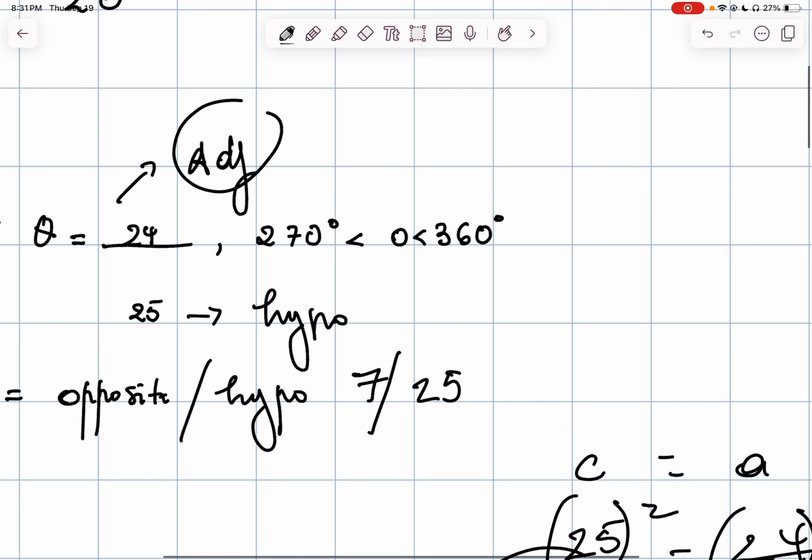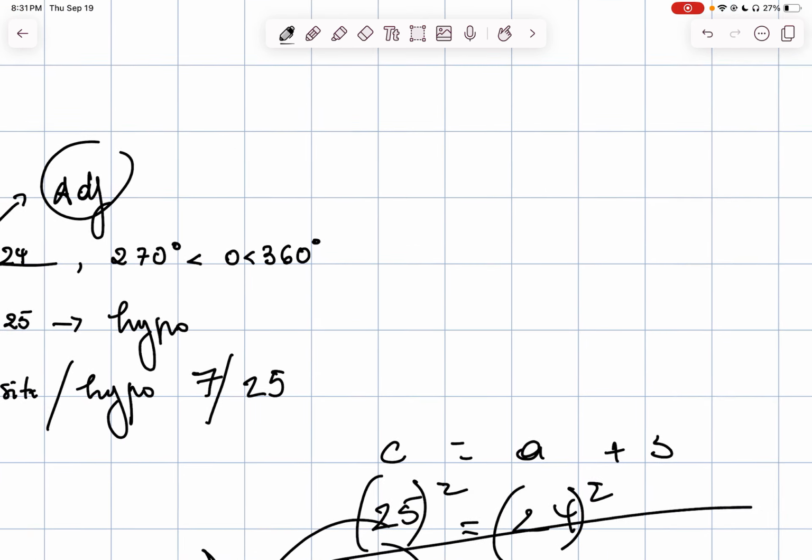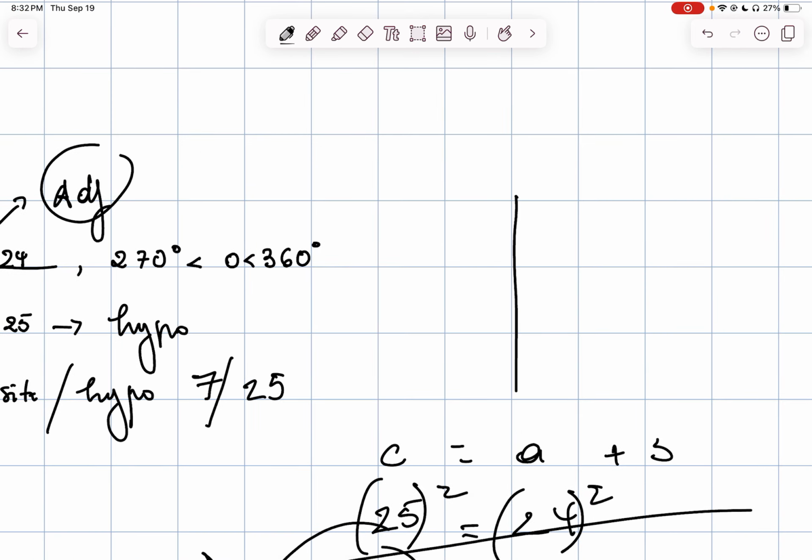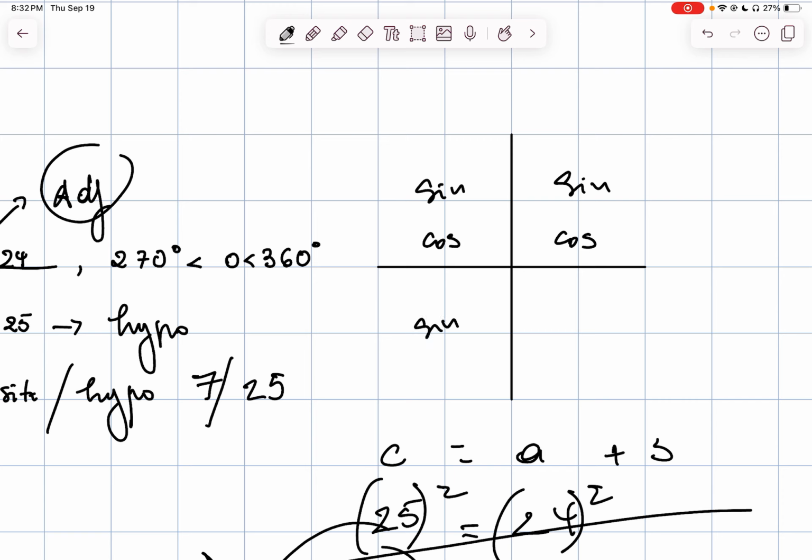But they tell us that the angle needs to be between 270 and 360, like I did on the quadrant. So we're gonna draw our table again and take a look at the quadrant. So we know this is sin cos, sin cos, sin cos, sin cos. It's gonna be equal to 0, 90, 180, 270. There you go.